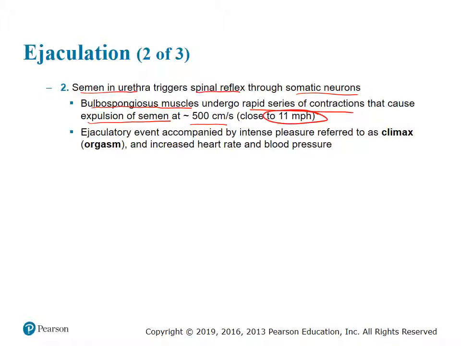That relates to 11 miles per hour. That's really fast, by the way, of semen out of the male at 11 miles an hour, right?